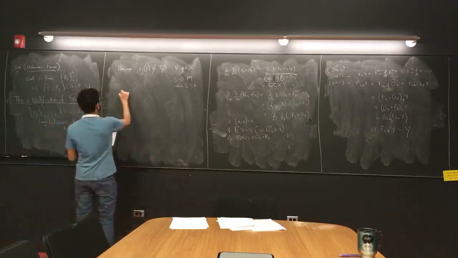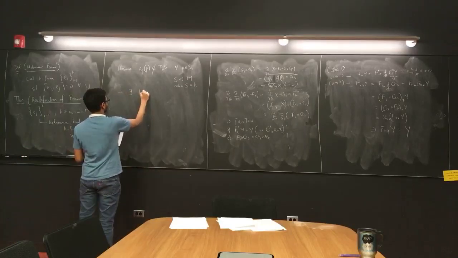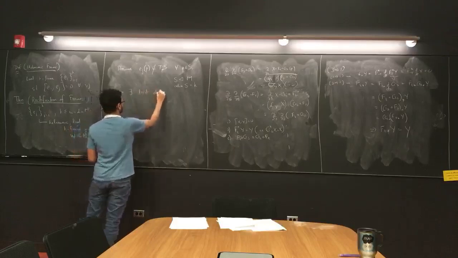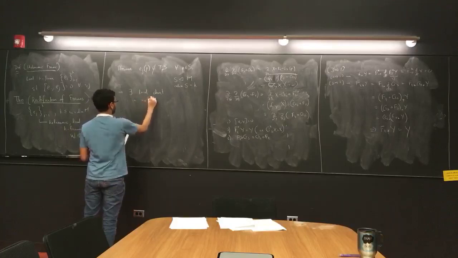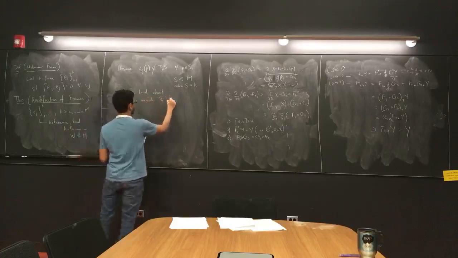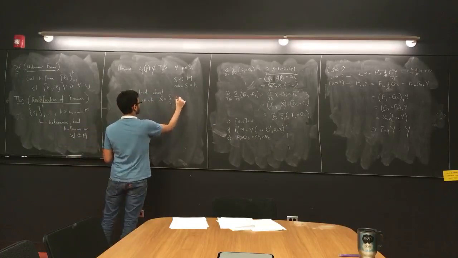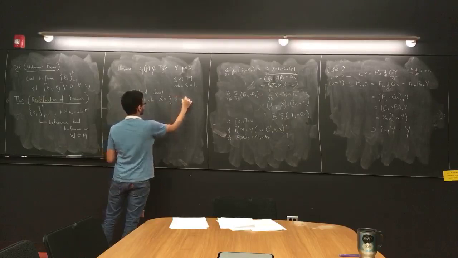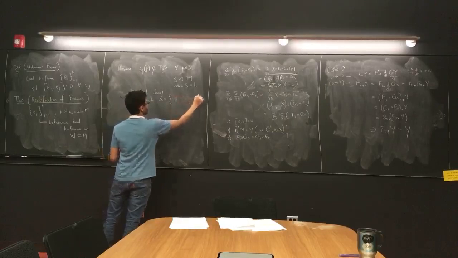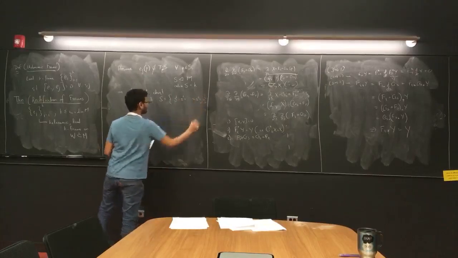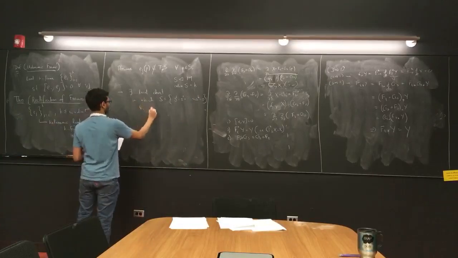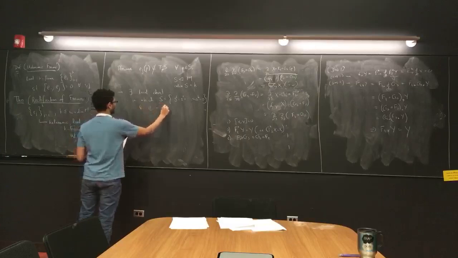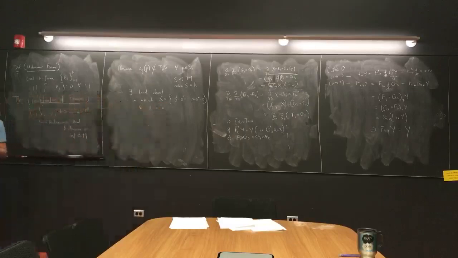The statement is that there exists a local chart in which S is given by S1 equals S2 equals dot dot dot Sk equals 0, as well as E_i is given by del_i in that local chart.